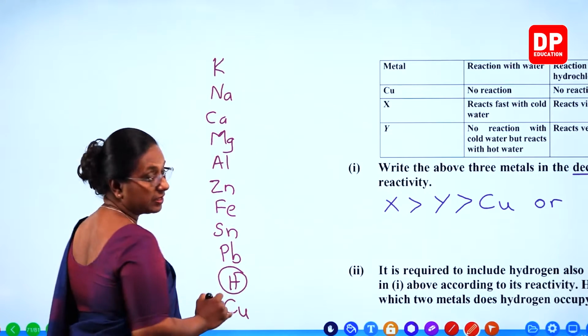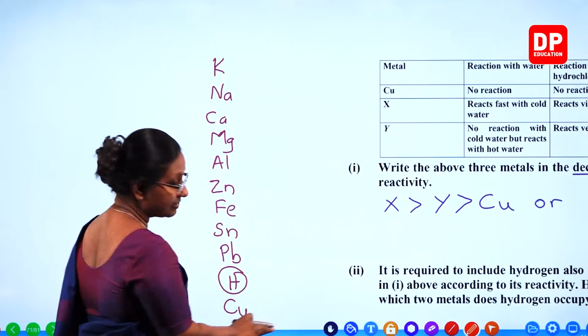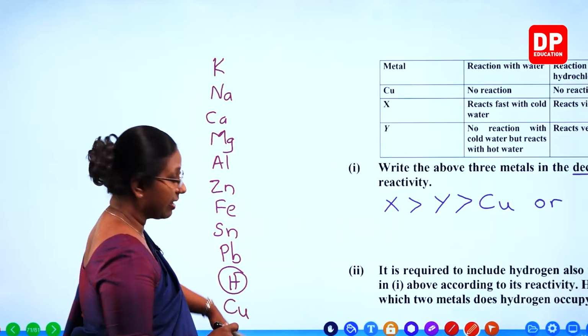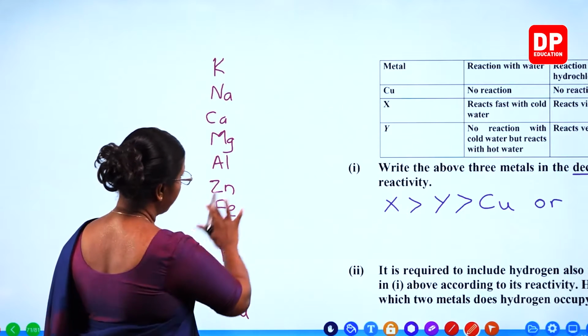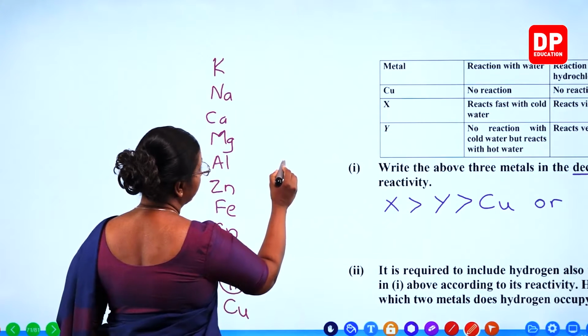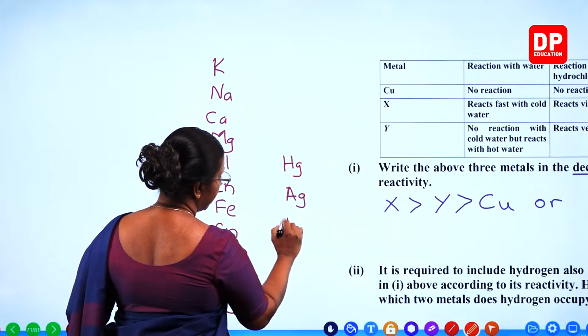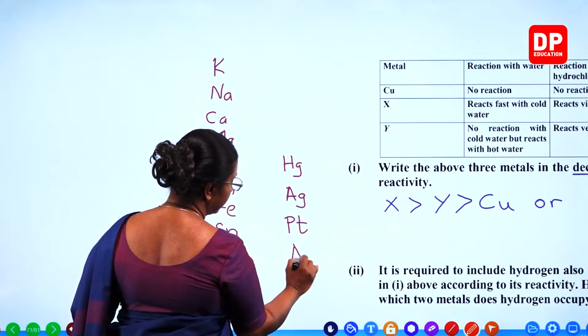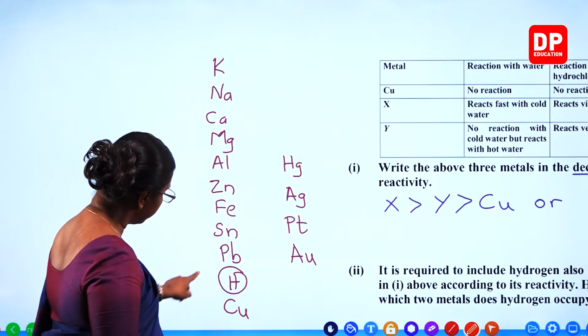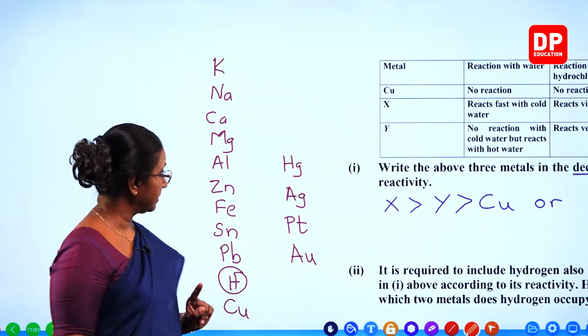I'll write the rest of the elements here so that you can see everything together. You have to write it one below the other, but just for you all to see. So after copper, we have mercury, silver, platinum, and gold.